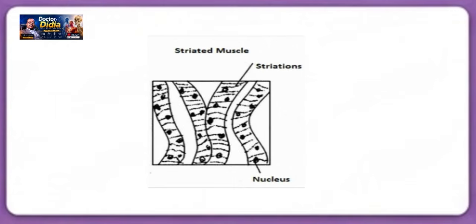There are different types of muscles, and these are based on the following classification. Based on the presence or absence of striations, we have striated muscles. Examples here include the skeletal muscles, which are muscles that attach to bone, and the cardiac muscles present exclusively in the heart. We also have the non-striated muscles.